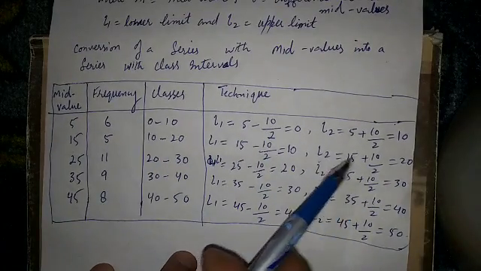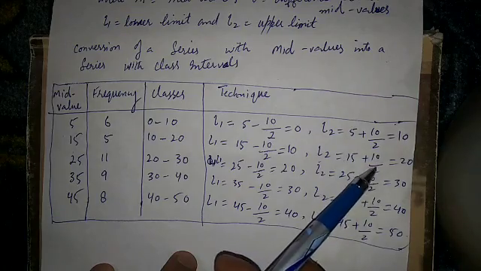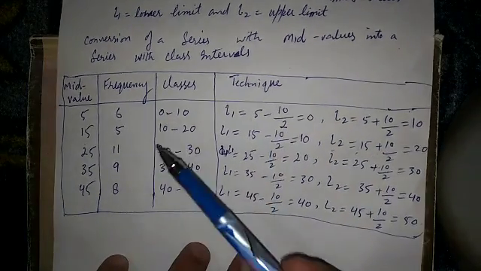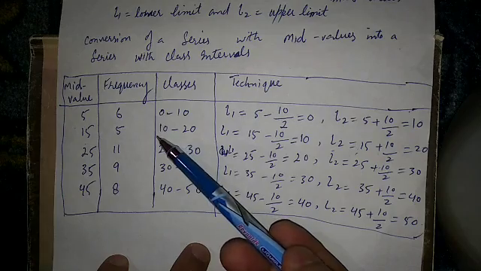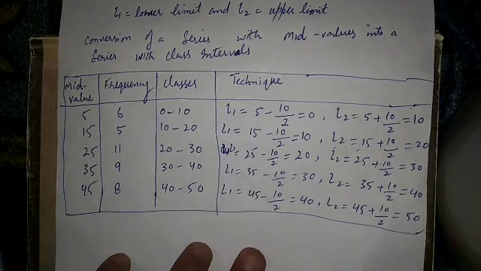L2 is 15 plus 10 by 2, that is 15 plus 5, that is equal to 20. Here we get lower limit 10 and upper limit 20.